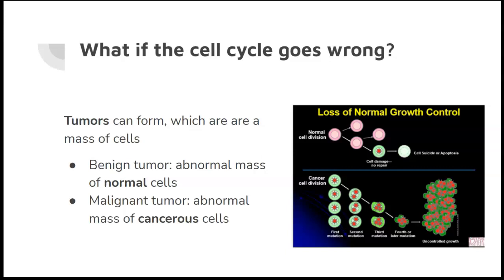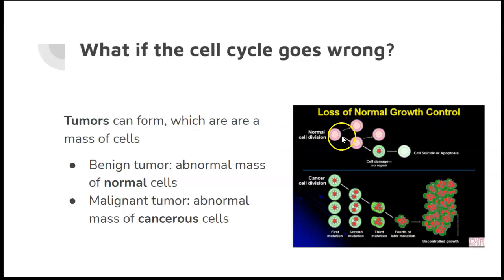So we're just talking about a bunch of cells that clump together. This can happen in multiple different ways, but typically it's caused by either genetics or environmental factors, right? Like too much sun can cause skin cancer, right? And that can form these massive cells.